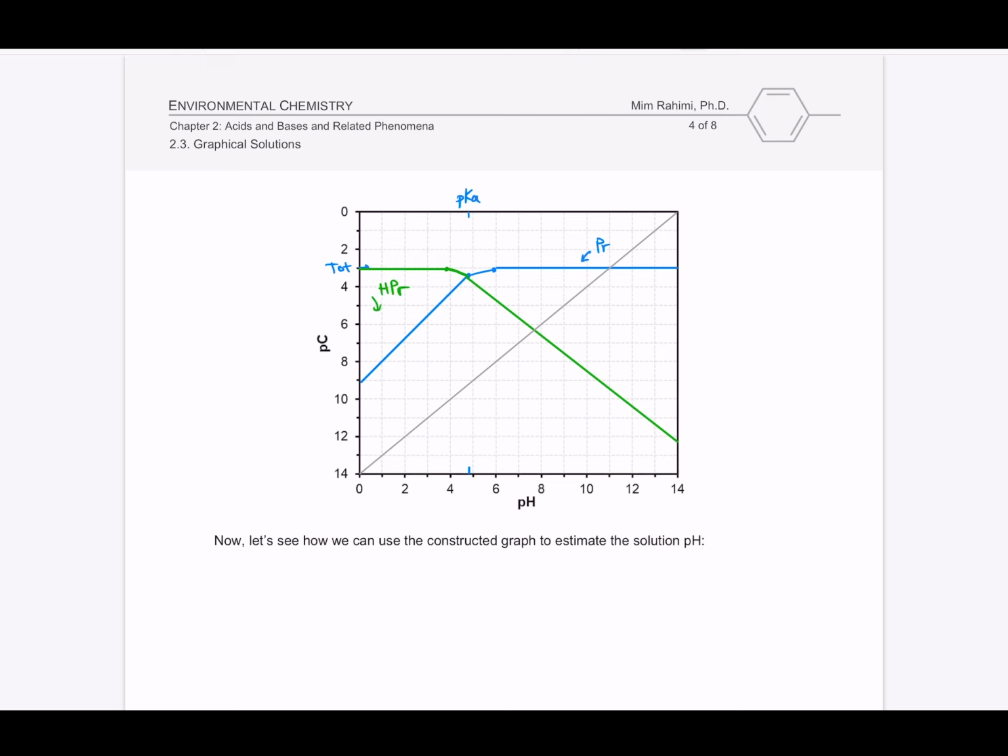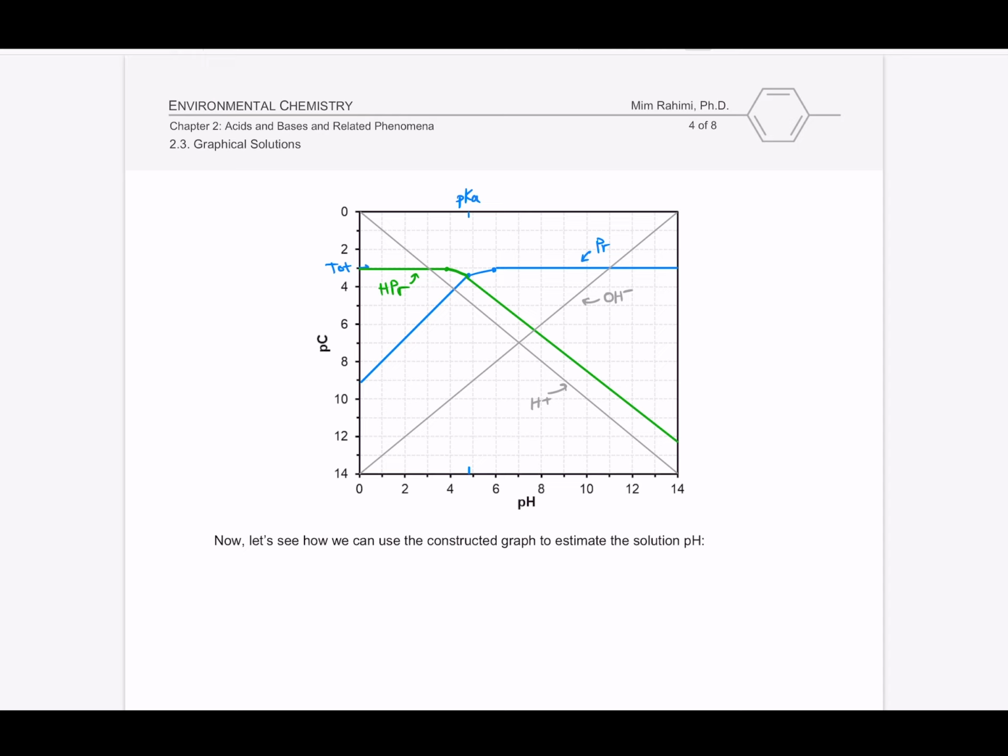So OH minus, H plus, then HPR and PR. So this is basically the graphical representation of all the species as a function of pH.